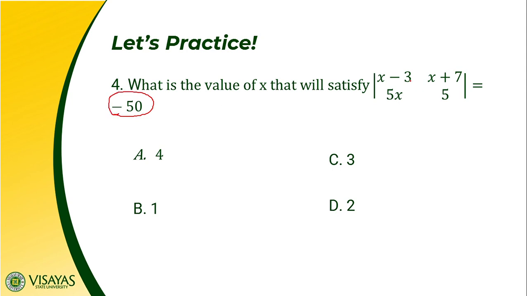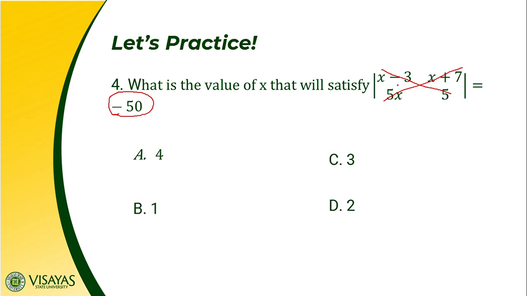So in finding the determinant, you can formulate here an equation. The rule is you get the product of the diagonals, and after getting the products you get the difference of those products.